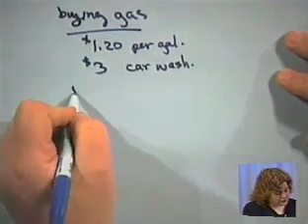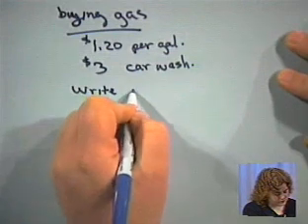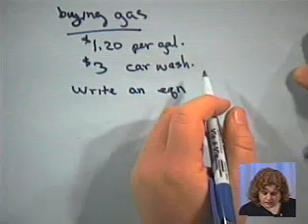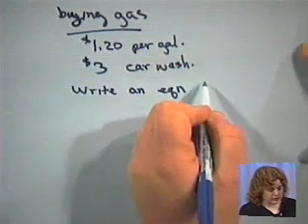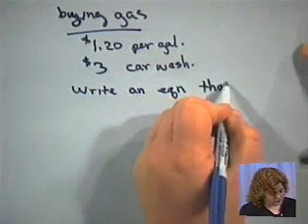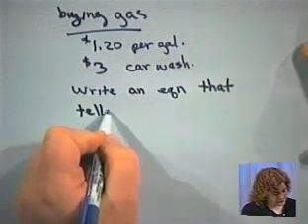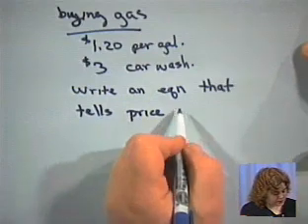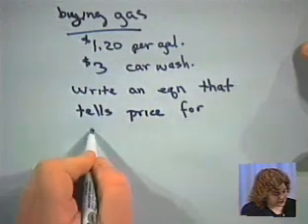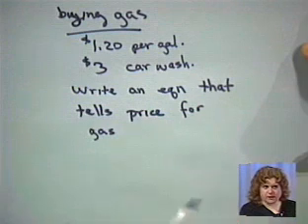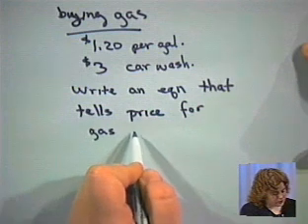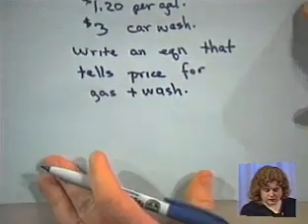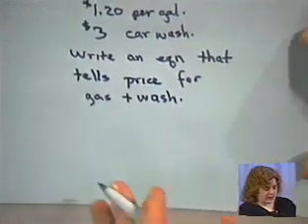Your task is to write an equation that defines the price that you'll pay for gas plus a wash. And the equation is going to let you pick however many gallons that you want to buy. So we need to figure out what we have in here.